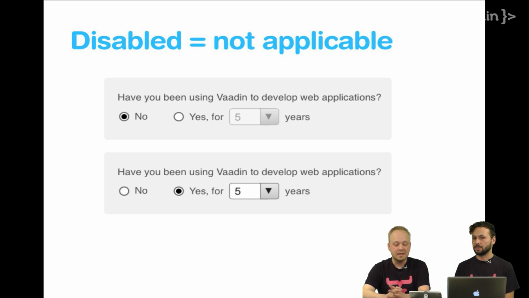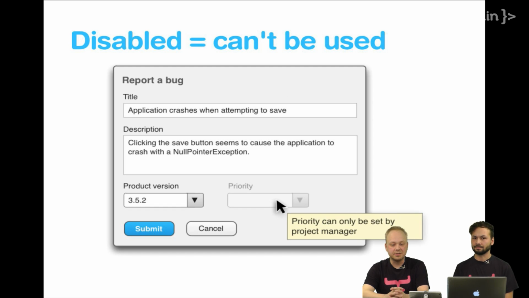All right, the other case where we use disabled. Well, the other case where we should use disabled is if a field or button currently cannot be used. As an example, you might have a form where one of the fields can only be changed by users with different permissions than you have. So in this case, the priority field here can only be modified by project managers.